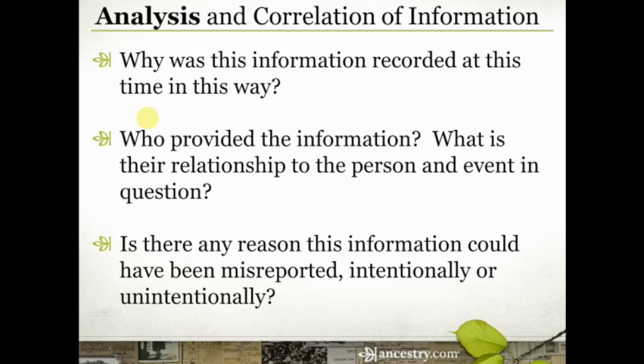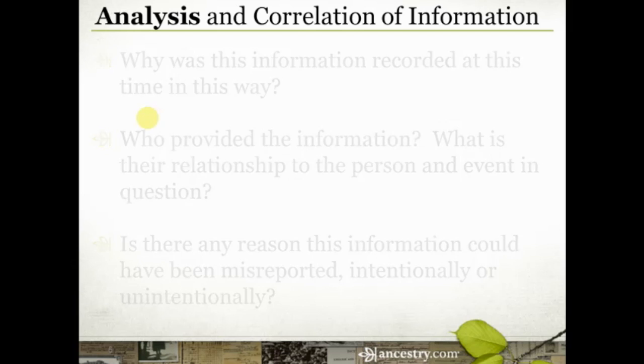And so in your analysis process, you need to ask yourself that question as you look at the information. Is there any reason this information could have been misreported? And that goes not just for birth dates and ages, but places and names and relationships as well. Okay, so we're not just looking at a specific piece of information, but we're looking at all information.